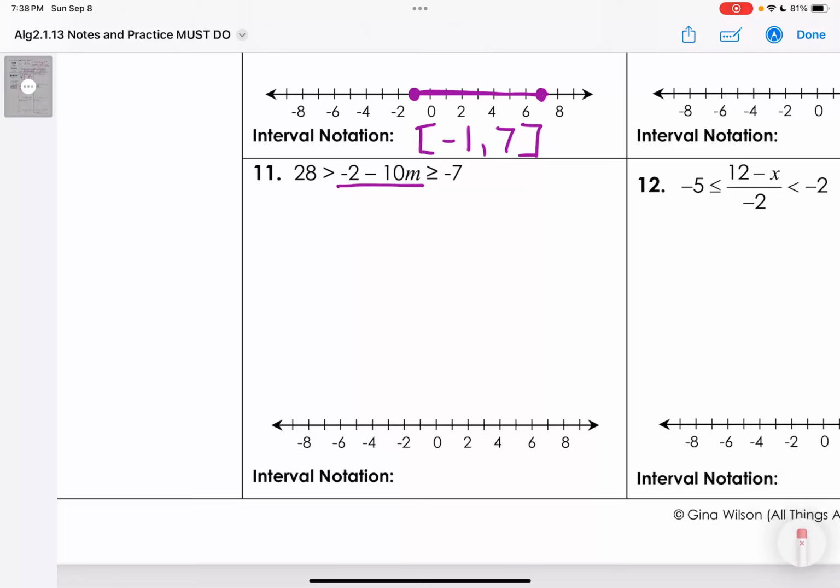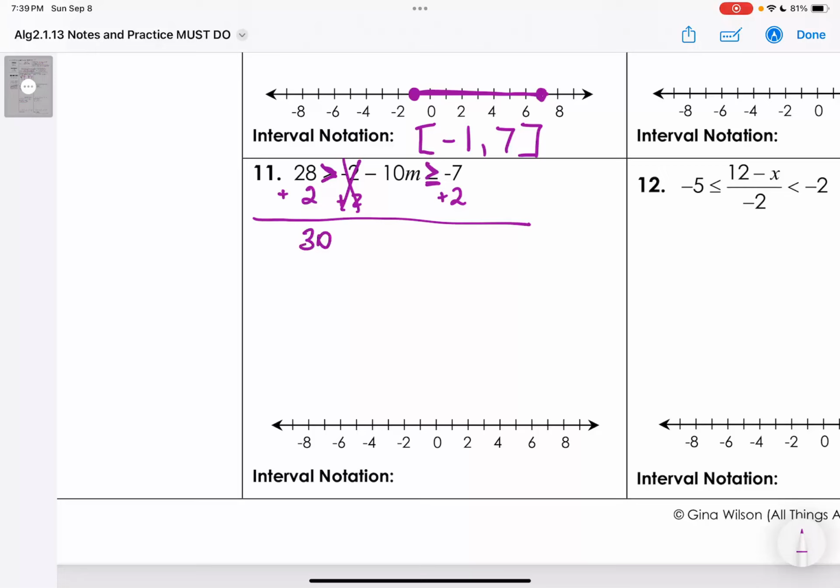I can add 2 to both sides. And remember, I also need to add it here. So instead of just writing it twice, you're actually writing it 3 times. So here's our inequality signs. So you need it in the middle and on each inequality.